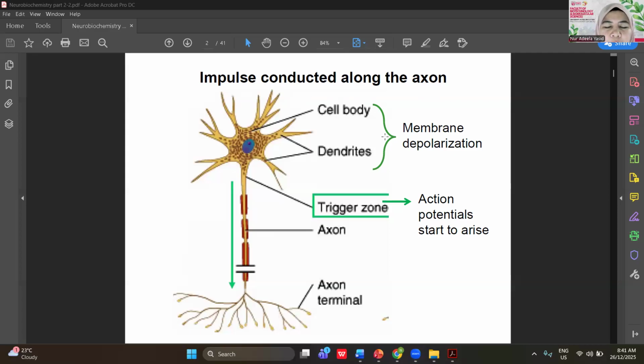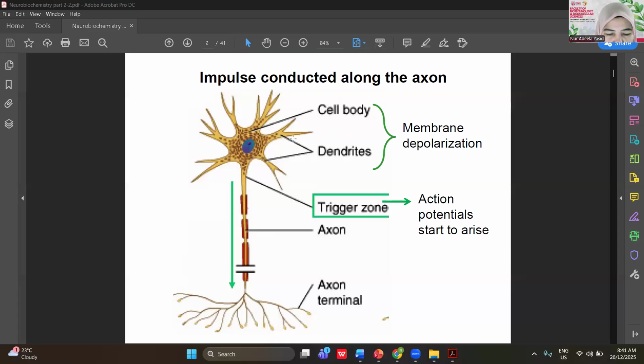What does membrane depolarization mean? It is the condition where the resting membrane potential becomes less negative due to the influx of positively charged ions, for example sodium ions.